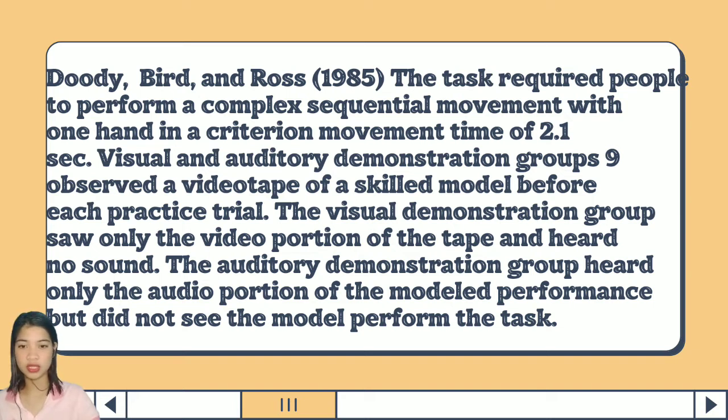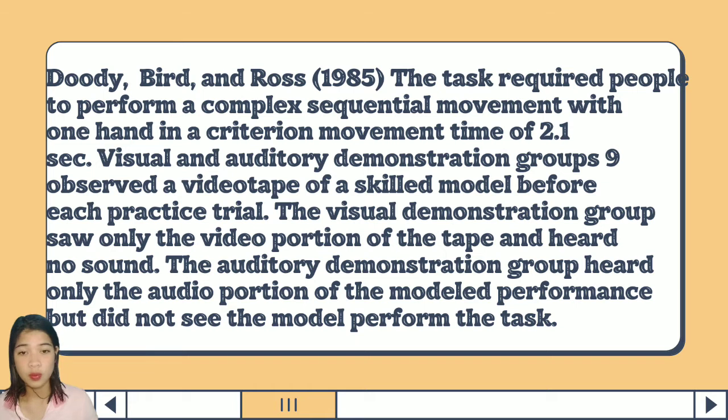The visual and auditory demonstration groups observed a videotape of a skilled model before each practice trial. The visual demonstration group saw only the video portion of the tape and heard no sound.